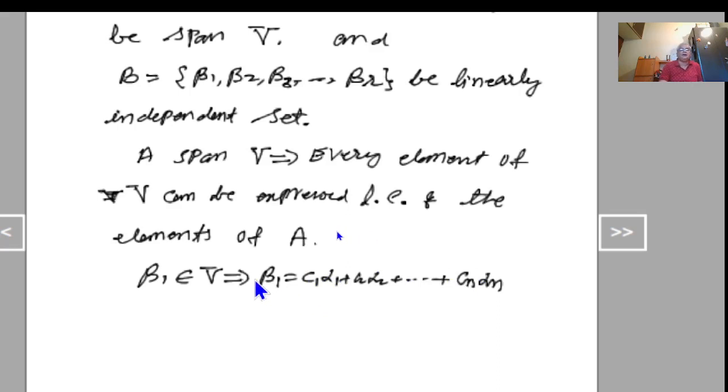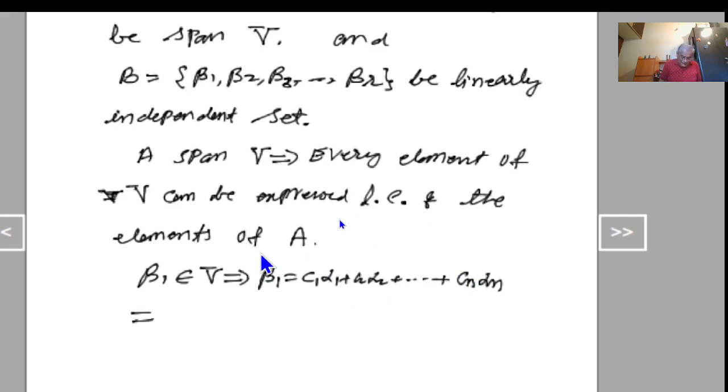In particular, beta 1 is an element of V. Therefore, beta 1 can be expressed as the linear combination of these vectors. Then alpha 1, alpha 2, alpha 3, up to alpha n along with this beta 1 becomes a linearly dependent set because we are expressing beta 1 as the linear combination of these vectors. Therefore, all these vectors form a linearly dependent set.